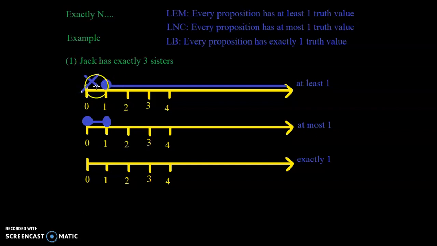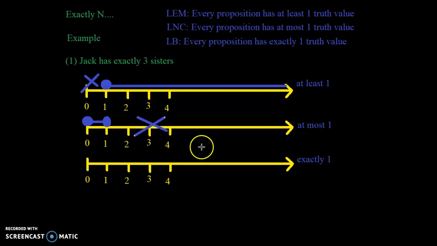So again, this is like a lower bound, a least bound, and it excludes anything prior to it. And this is an upper bound, the law of non-contradiction. Every proposition has at most one truth value, so it can have this many and anything fewer than that. It's only excluding all of this stuff to the right.